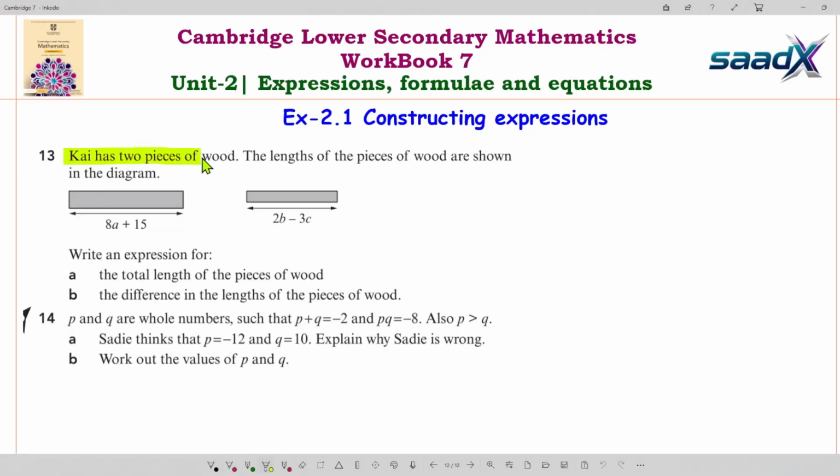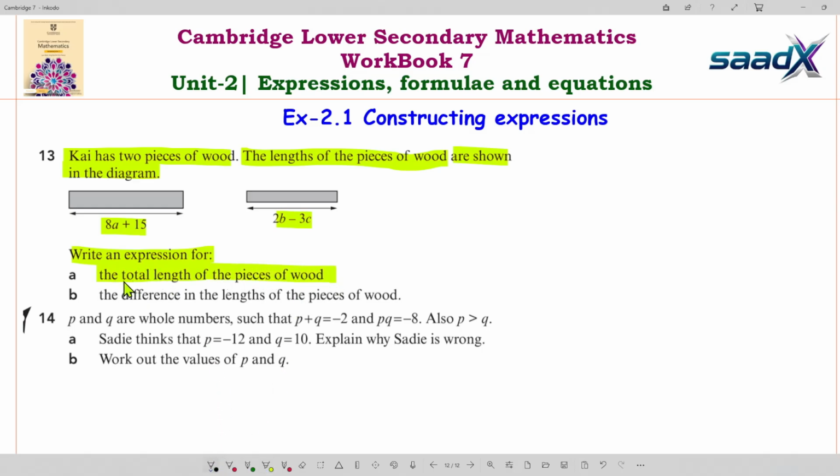Kai has 2 pieces of wood. The lengths of the pieces of wood are shown in the diagram. One wood is 8a plus 15, another wood is 2b minus 3c. Write an expression for the total length of the pieces of wood.